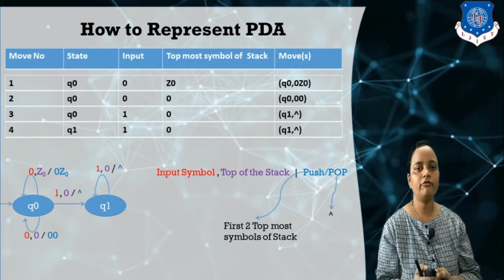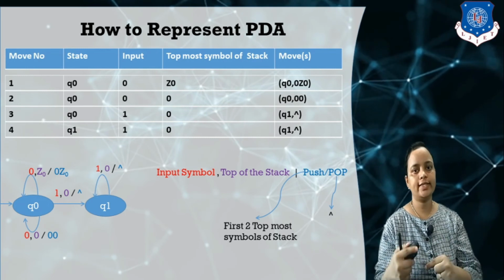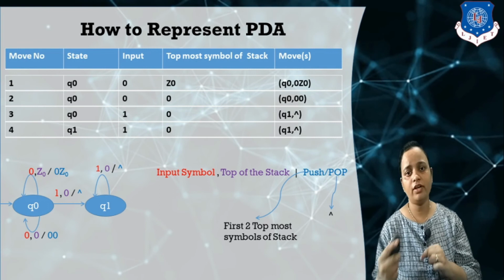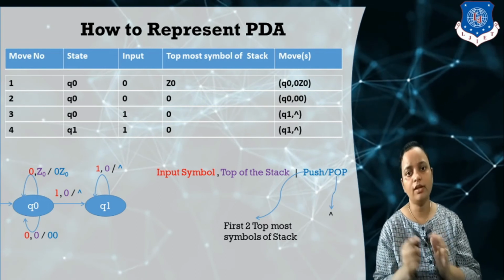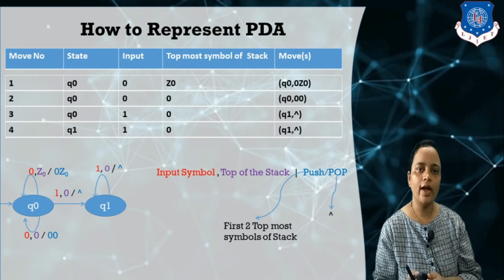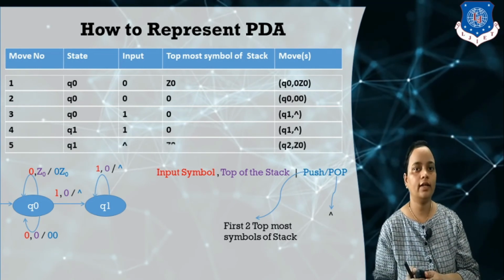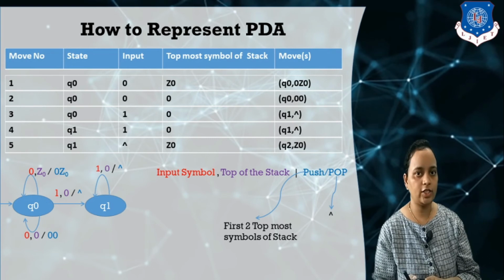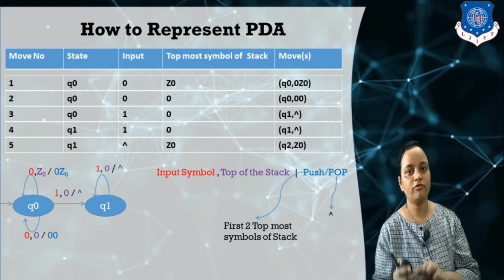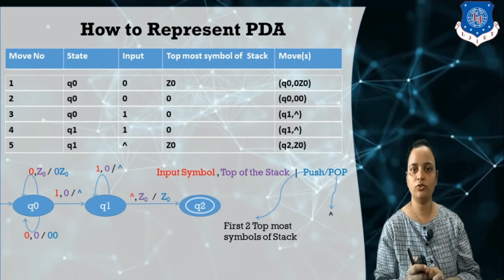Now, after repeating these things, if we reach the null, null meaning the end of the string, then at Q1, if we get a null and the topmost symbol is Z0, we change to the state considered as the final state, Q2.